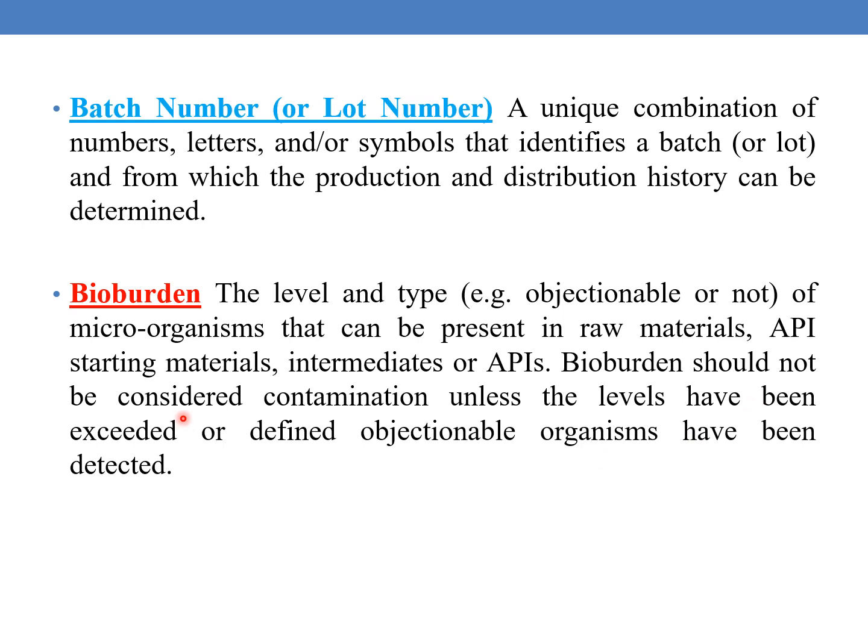Bioburden should not be considered contamination unless the levels have been exceeded or defined objectionable organisms have been detected. A certain level is acceptable. It can be considered as contamination when the levels exceed the accepted levels or defined objectionable organisms have been detected.